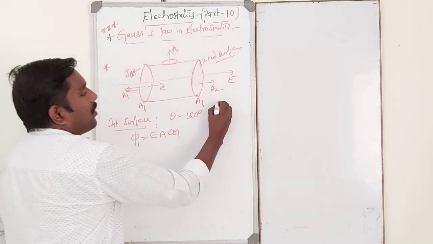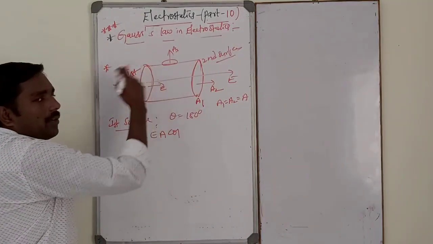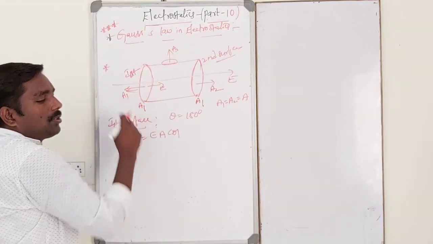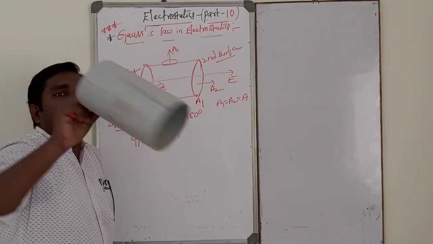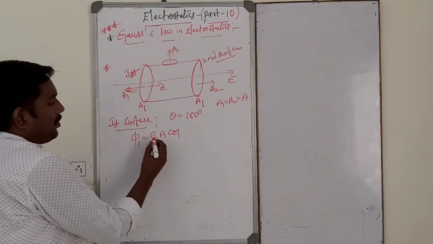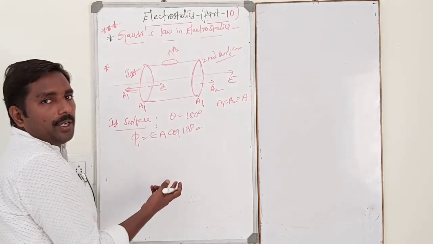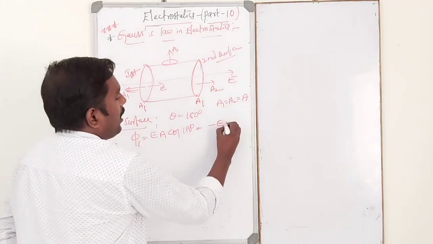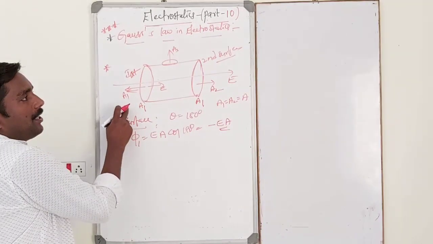See, A1 is equal to A2 is equal to A. Both areas are equal, please remember it. Cos 180 degrees is -1, so minus EA. This is the flux at the first surface.